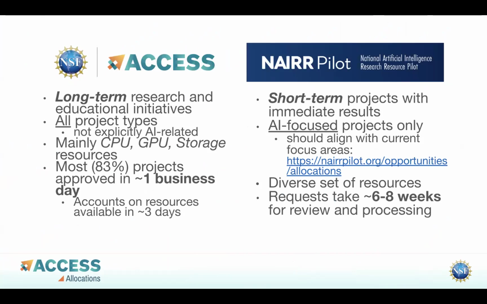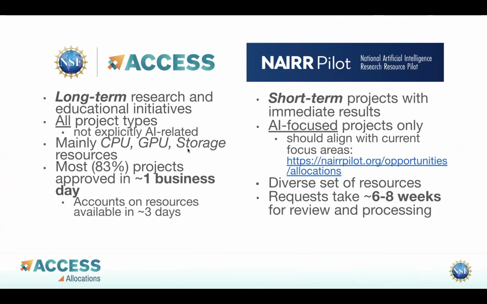So this is how I've broken it down: if you have very long-term research needs that you expect for years and years, go to ACCESS. And the other consideration is this is for all types of research, whereas NAIRR is strictly for AI-focused projects, and they're also looking for very short-term success within NAIRR pilot.